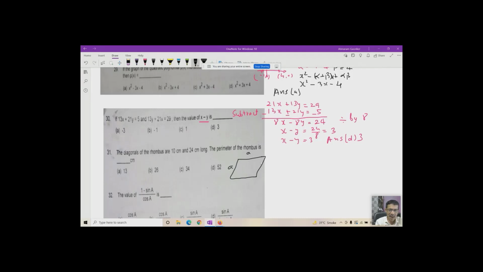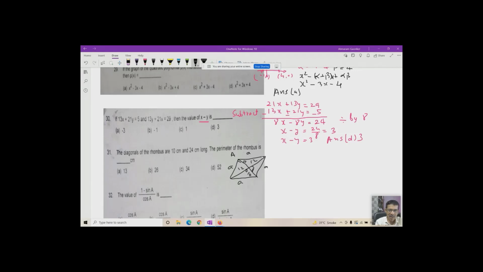Let me say this: A, and A. And one more characteristic, the diagonals are perpendicular to each other. So one diagonal is given 24, that means this is 12, this is 12. Another one is 10, so that means this half diagonal is 5 and this half diagonal is 5.